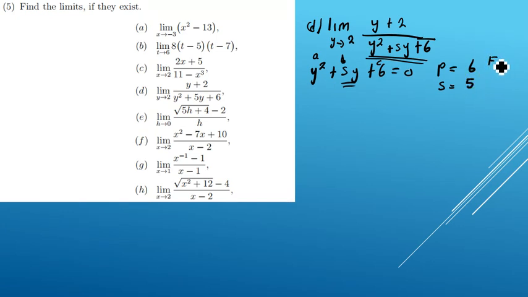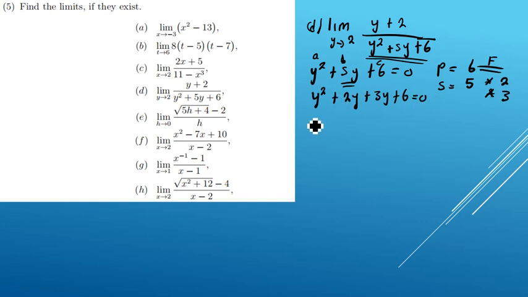What are the factors? The factors are the two numbers such that when we multiply them we get 6, and when we add them we get 5. Of course it's simply 2 and 3. So we have y to the power 2 plus 2y plus 3y plus 6 equal to 0.